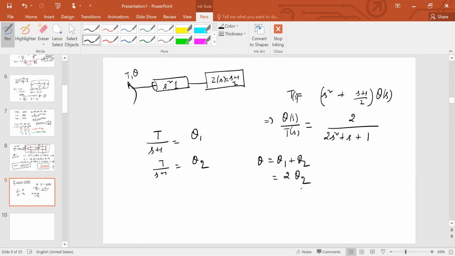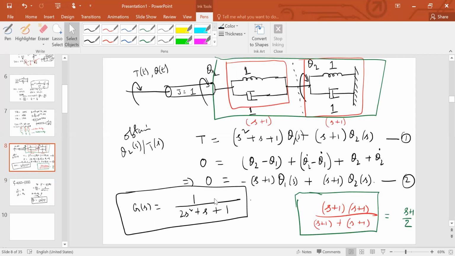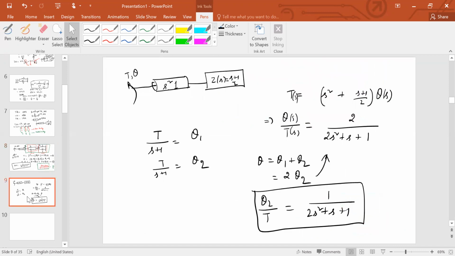Now you replace this in this equation and you will get theta2 upon T is nothing but 1 over 2s squared plus s plus 1, which you might check is the exact same thing that you had obtained by writing out these equations. Because there was no mass or moment of inertia here, we could actually combine these impedances and look at it in this perspective. So hopefully this much is clear to you.